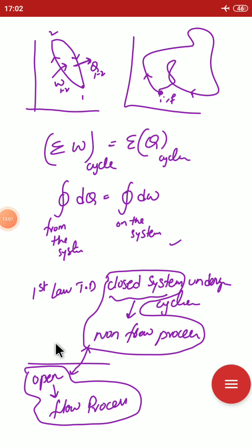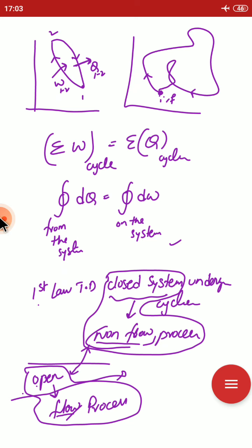What is the non-flow system, what is the flow system? Open means it is ready to flow, so it is a flow process. A closed system does not allow mass to flow through it, so it is called a non-flow process. This is the first law of thermodynamics for a closed system undergoing a cycle.